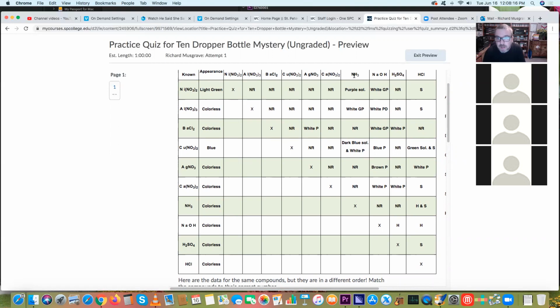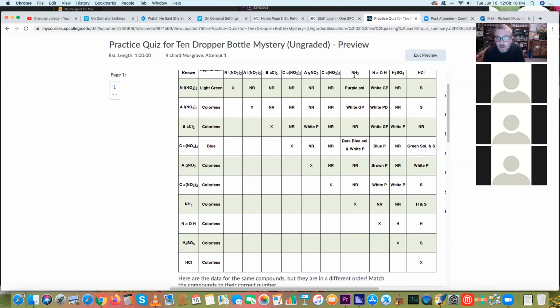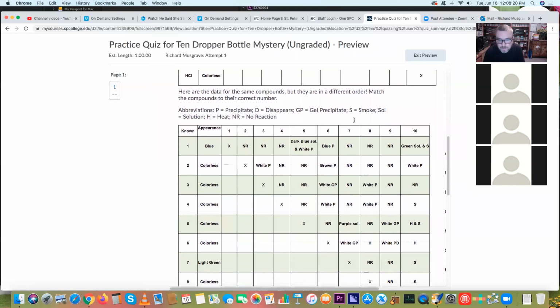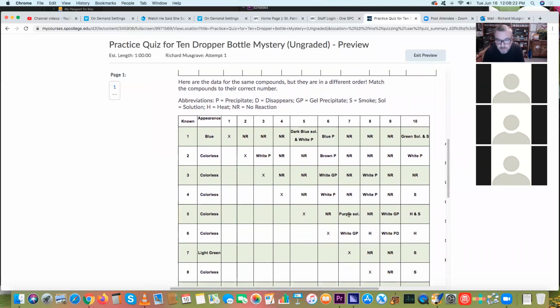Oh, NH3. So that tells me that NH3 must be number 5, because I know that 7 is the nickel nitrate. And since we get a purple solution with 5 and 7, I know that must be NH3. And I can do that for all of these.